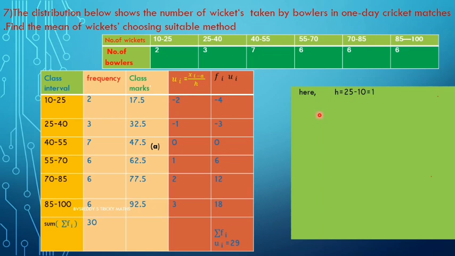On adding, I get 29, because 18 plus 12 is 30, plus 6 is 36, 36 minus 7 is 29.